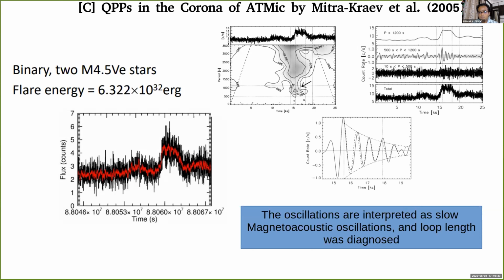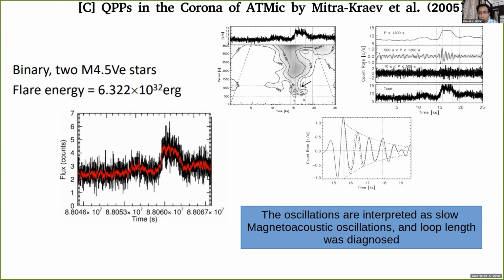Once she combined these three ranges of the light curve, she could get the original flare light curve, and the 500 to 1200 second band was giving a kind of decaying oscillation, as she estimated in her paper. That is very similar to the SUMER slow magnetoacoustic oscillations.